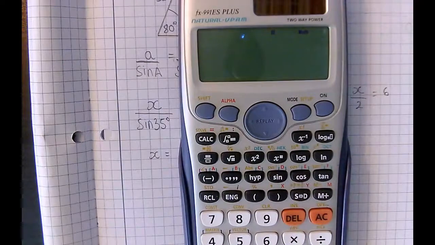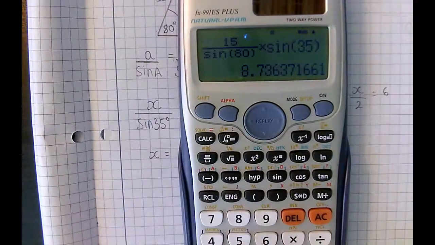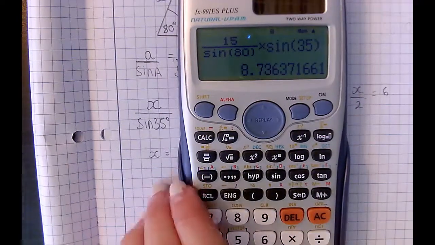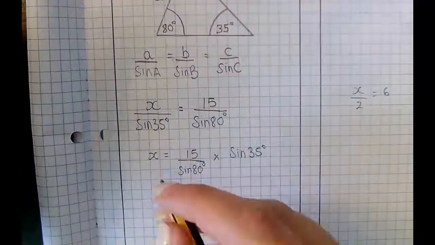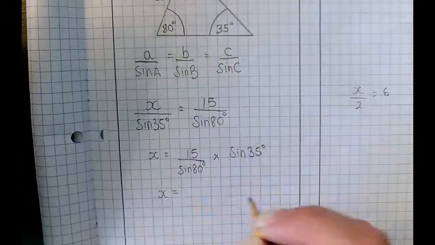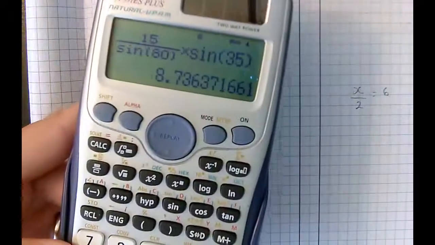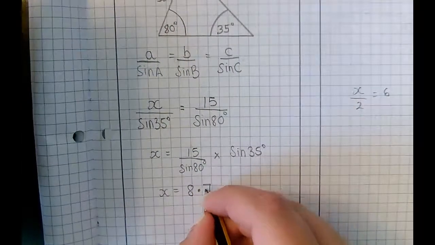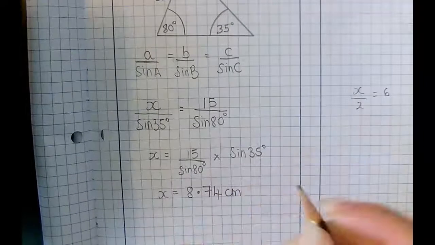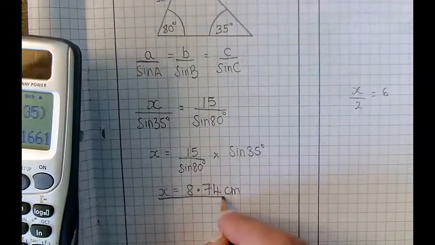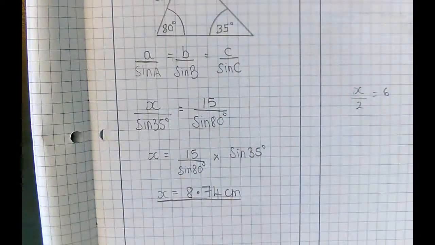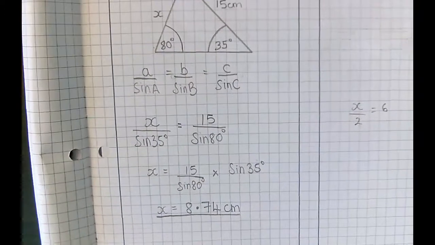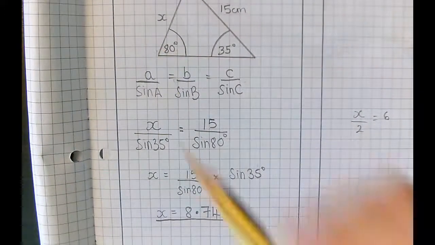Click equals. Let's write it to 2 decimal places. So x is going to be equal to 8.74 centimetres. And that is the same thing that you do for every single question where you have to find a missing side.